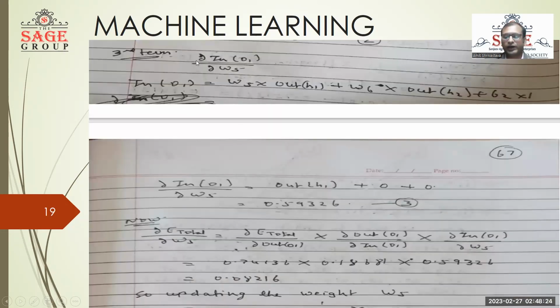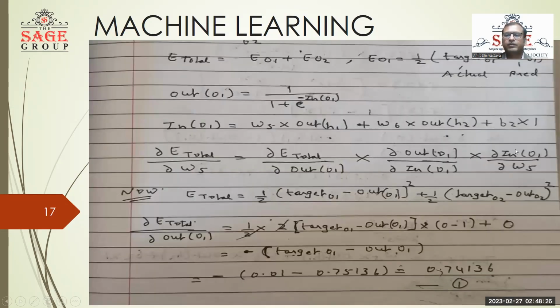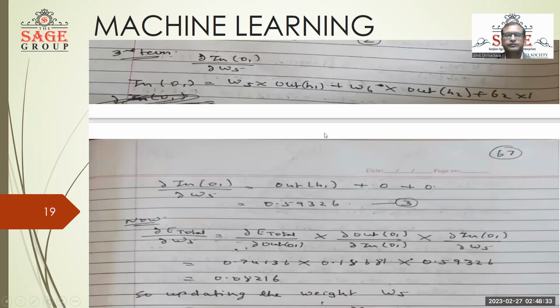Now we need to calculate the third term. My third term is del in O1 upon del W5. My in O1 is nothing but out H1 into W5 plus out H2 into W6 plus B2 into 1.